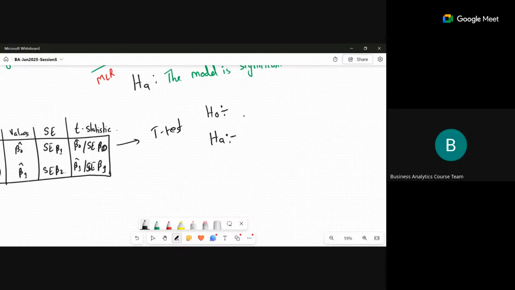So will the null hypothesis be the model is insignificant? Exactly, not the model but the coefficient. The null hypothesis is that beta equals 0. In this case, beta 0 equals 0, and in this case, beta 1 equals 0. That is your null hypothesis, that the beta is 0.